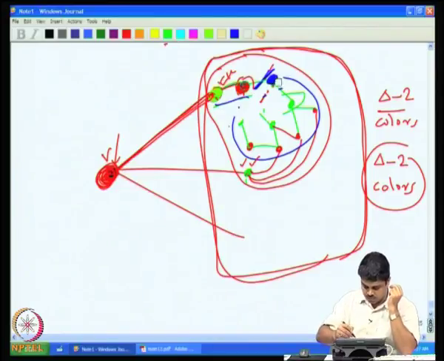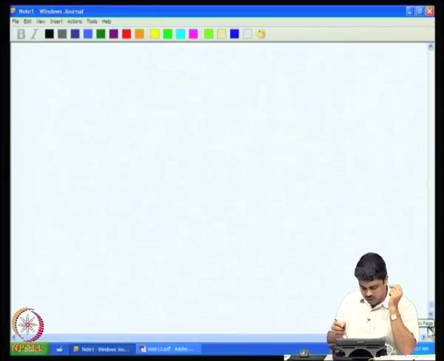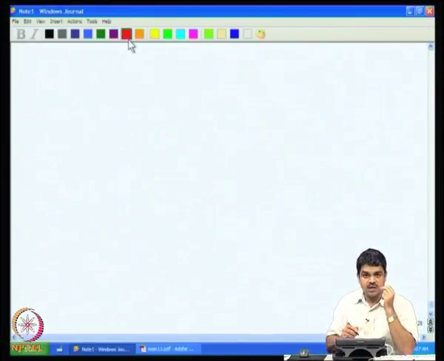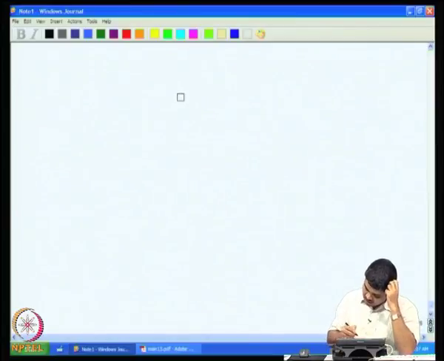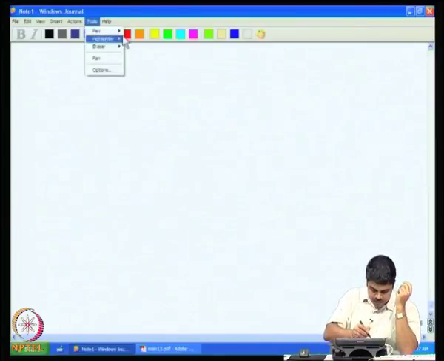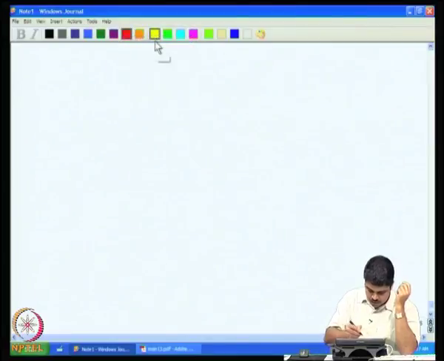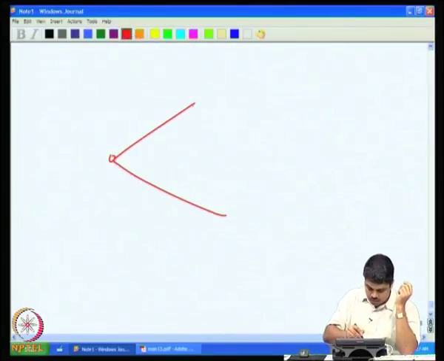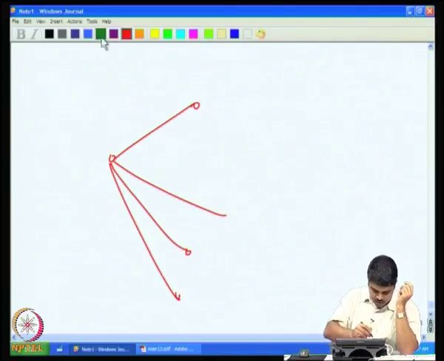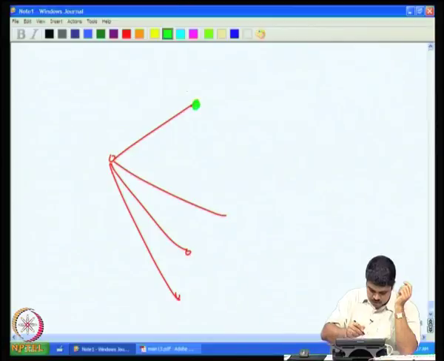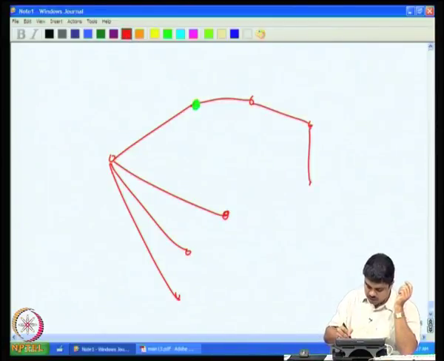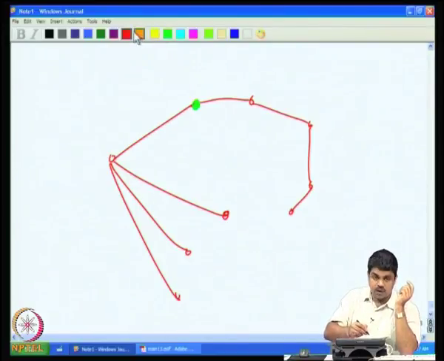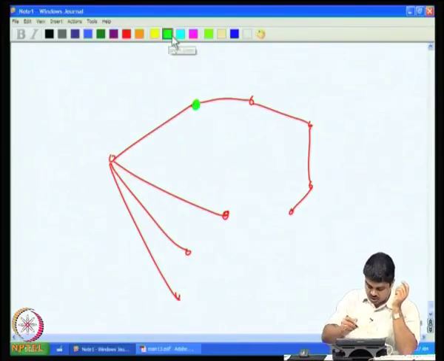So we can conclude that the red green component will be, so this is V. If we consider the green neighbor and the red neighbor, we will end up with a path rather than any complicated structure.